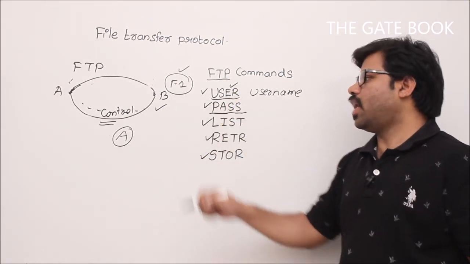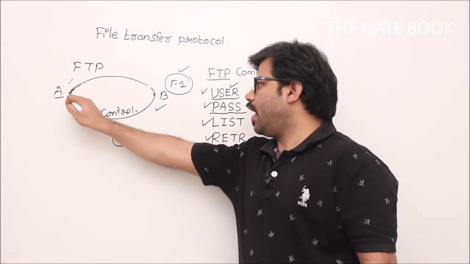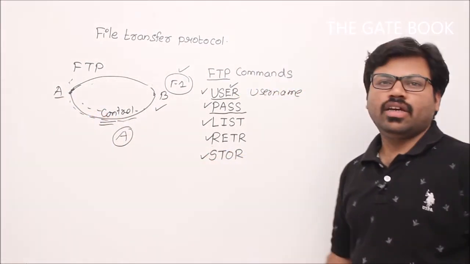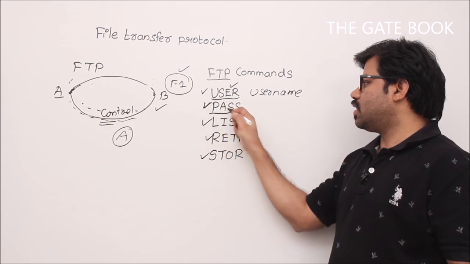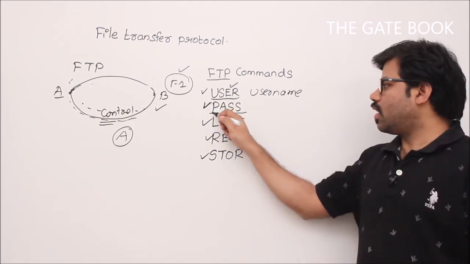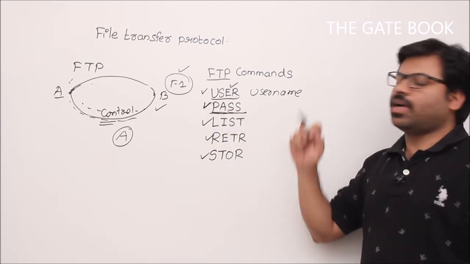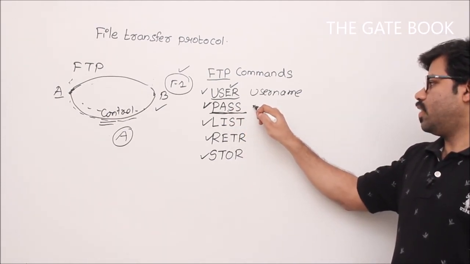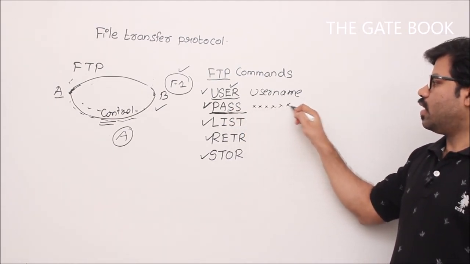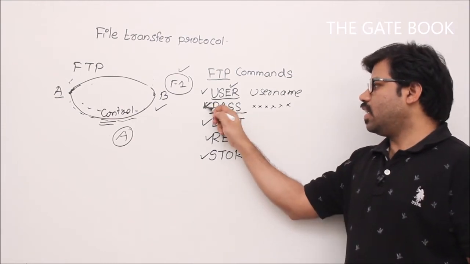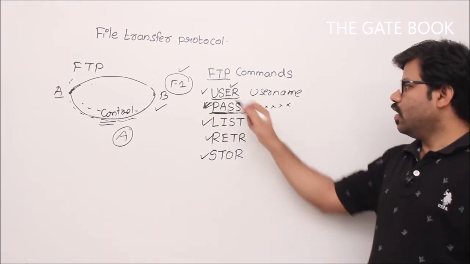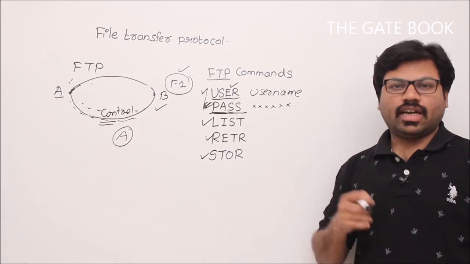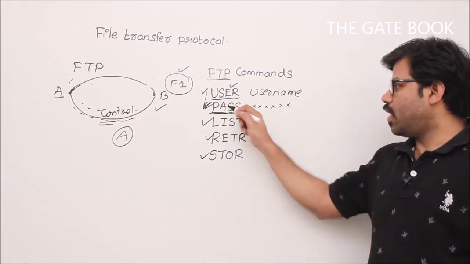And if you want to send a password, we know that initially A has to send username and password, correct? That's why a different message structure will be given. For that the next command is pass. We write pass followed by the password. When you do that, your receiver will understand that this is a password. In that way, using these commands, the receiver can understand what is the username and what is the password.